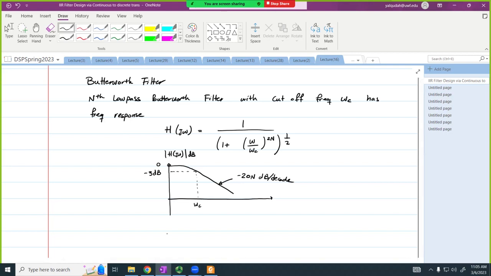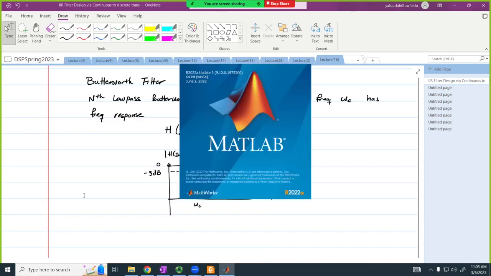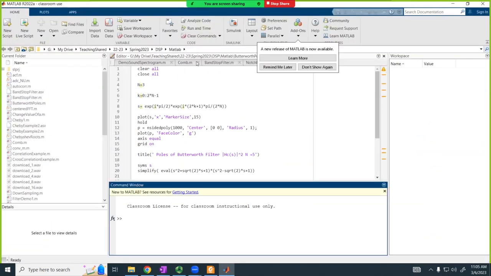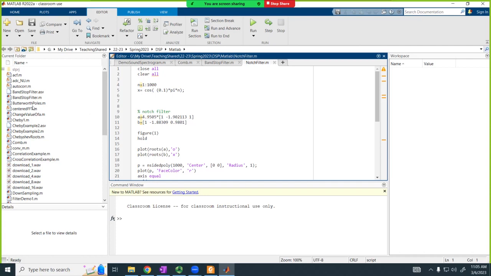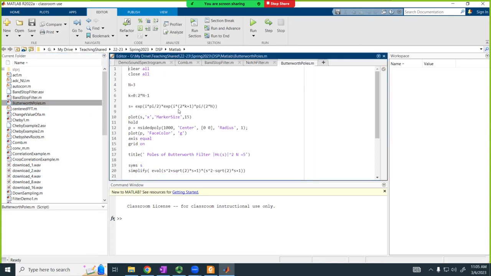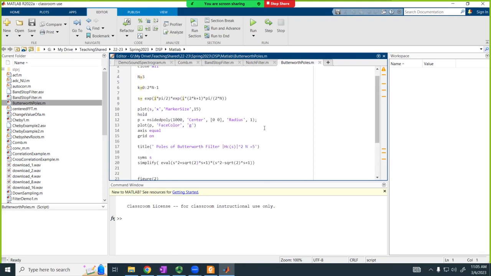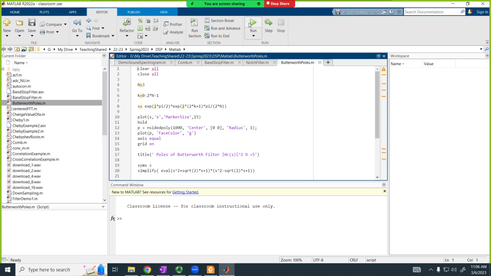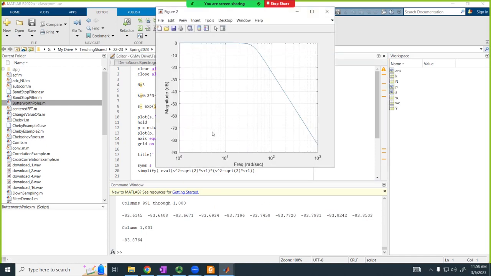Last time we did some plots of the frequency response of the Butterworth filter.